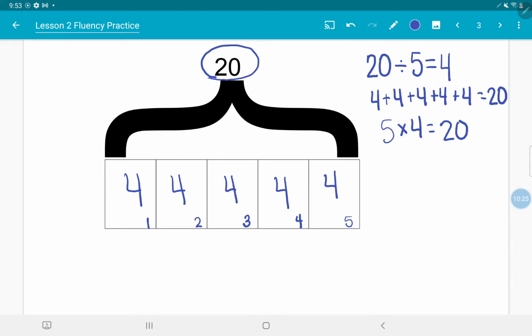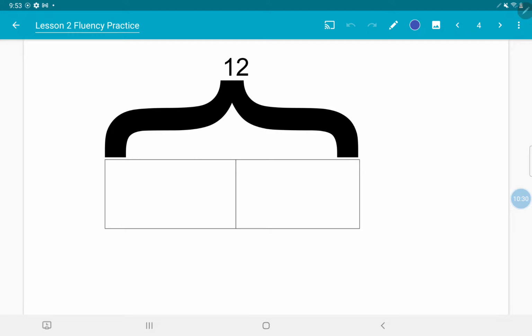Okay, here's your next one. Write your 3 equations.